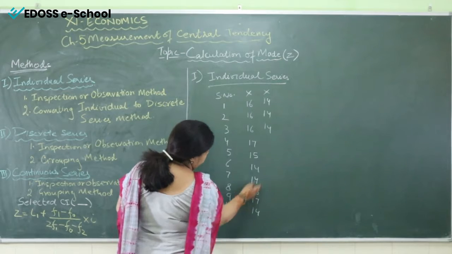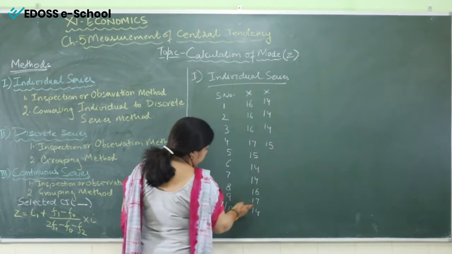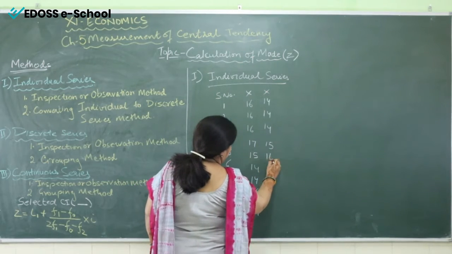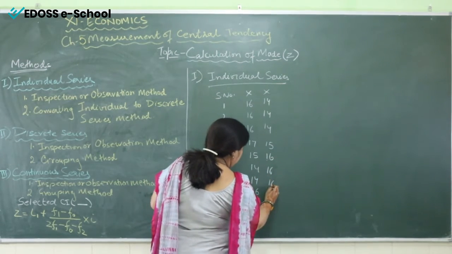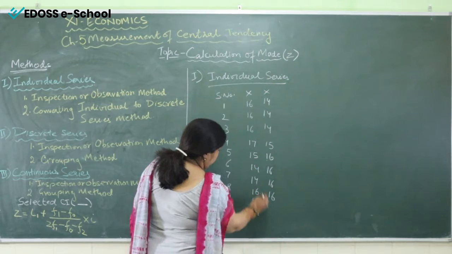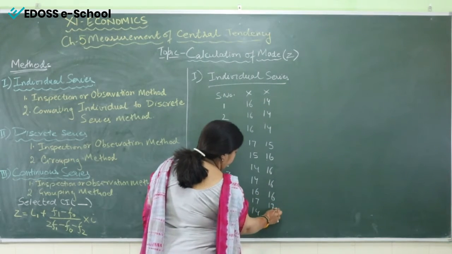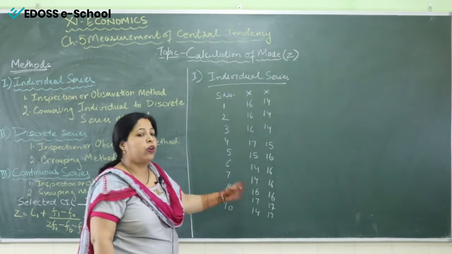Then comes 15, then 16, four times, and then 17 is 2 times. So here I have arranged the data into the ascending order.